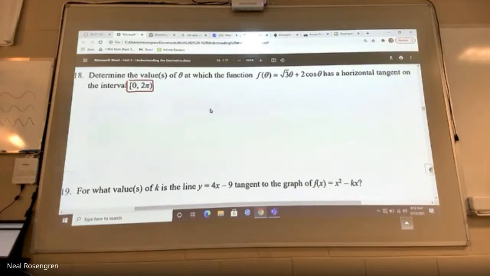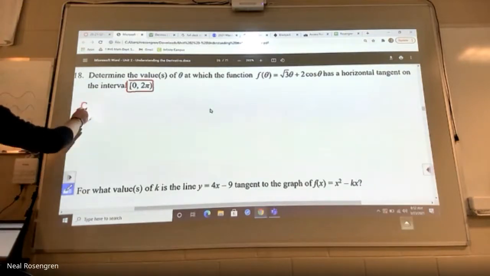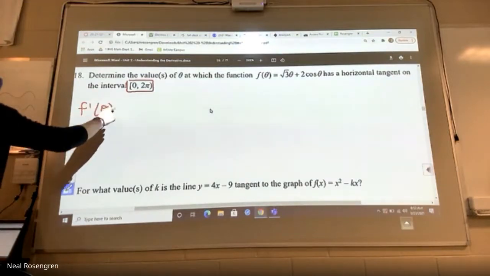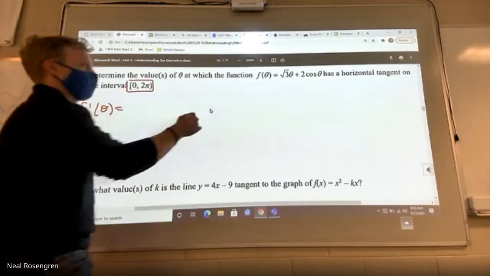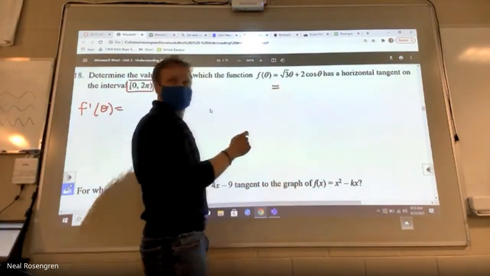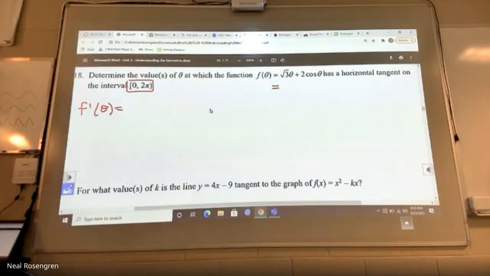This is calculus A. What should we do first? Find the derivative. Let's do it. Now, is this ready to go, though? Can we find f prime of theta the way that it's written right now? What do we need to do? How can we rewrite this function?